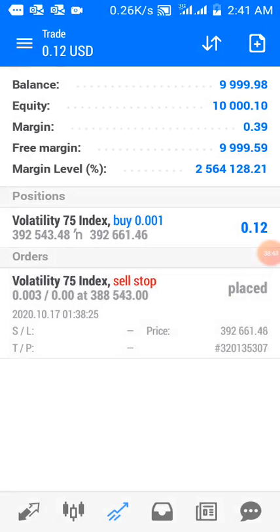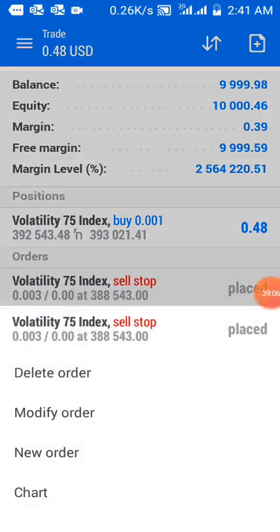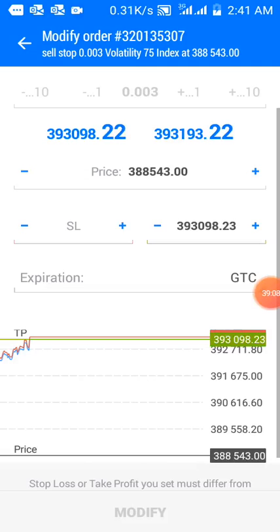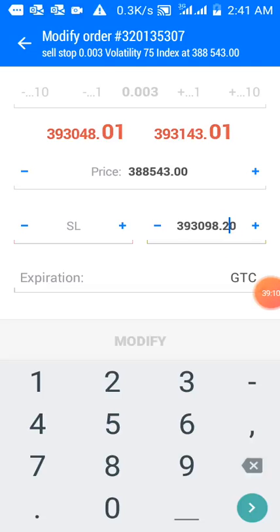So for the sell stop order, the take profit of 2,500 points at 388543, I'm going to deduct 2,500 from this. We now have 386043, so the take profit will be 386043. You have to do some calculation with this strategy.